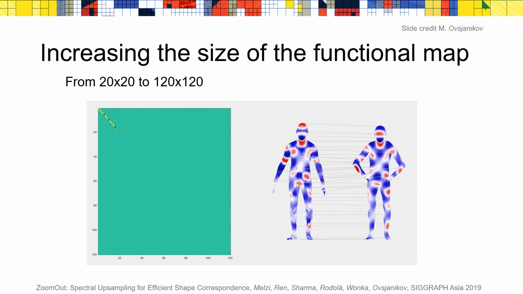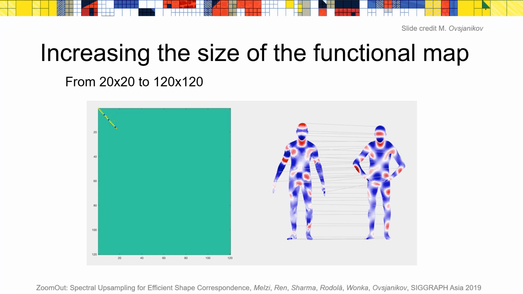Here we have a video in which the functional map of size 20 times 20 is visualized on the top left corner, and the transfer of the function from shape 1 to shape 2 is visualized on the right. And you can see how, by adding a new row and column to the functional map representation through the zoom out technique, we can recover additional detail in the transfer.